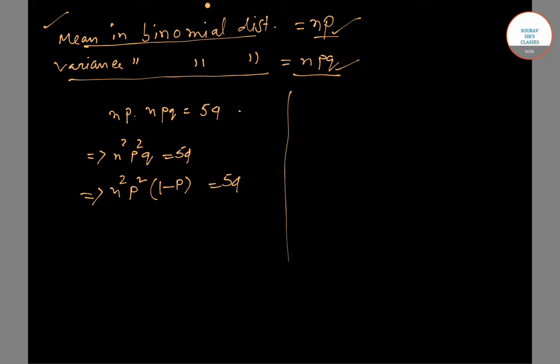Now on the other hand, it is also given np, that is the mean, plus npq, that is n p into 1 minus p, is equal to 15, the summation of mean and variance of the binomial distribution.